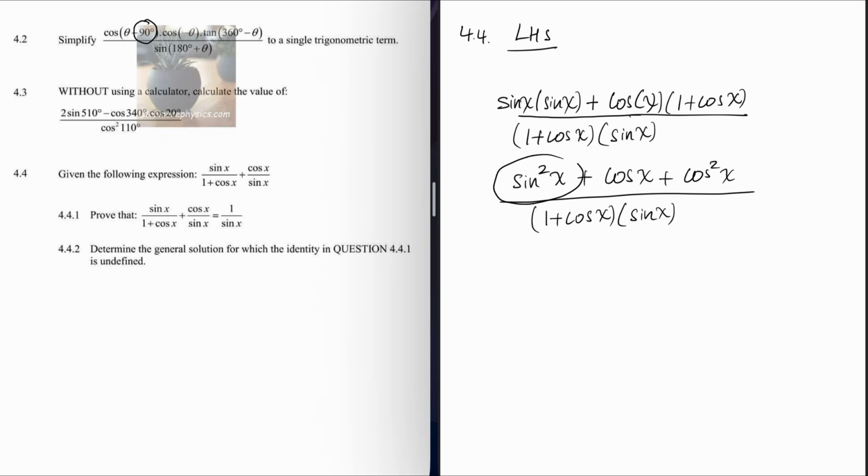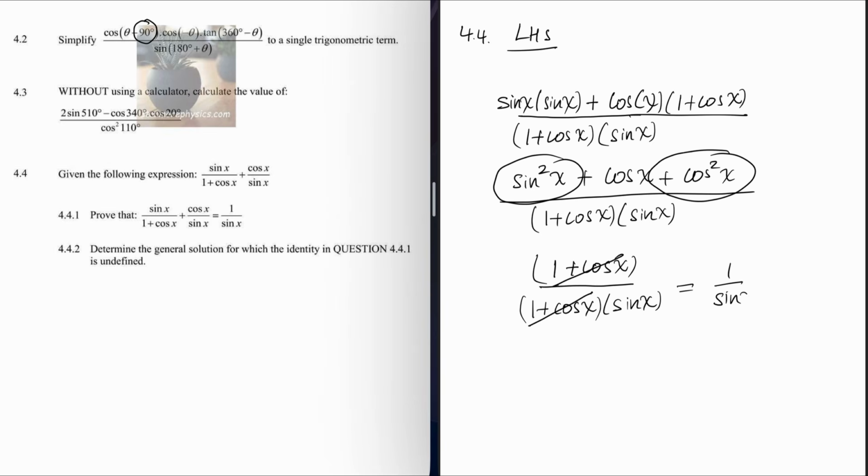Now the sine squared x plus cos squared x will give me 1. So 1 plus cos x divided by 1 plus cos x multiplied by sine x. Now I can cancel this entire numerator with this denominator, and so I'm going to be left with 1 over sine x, which is my right hand side.